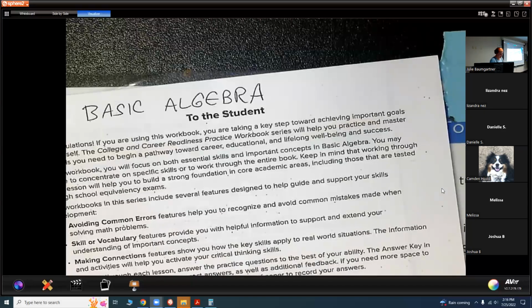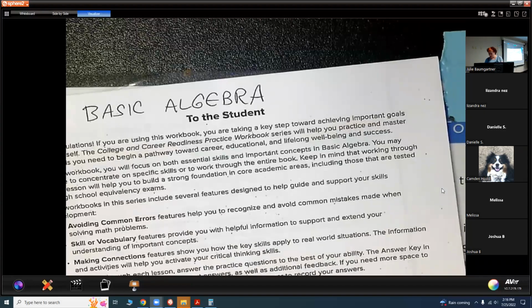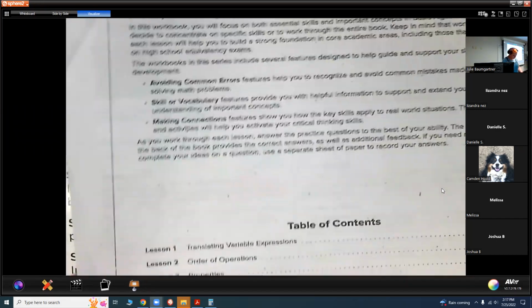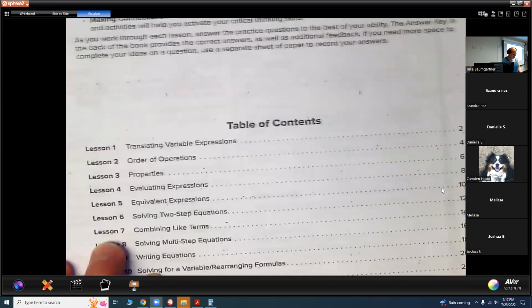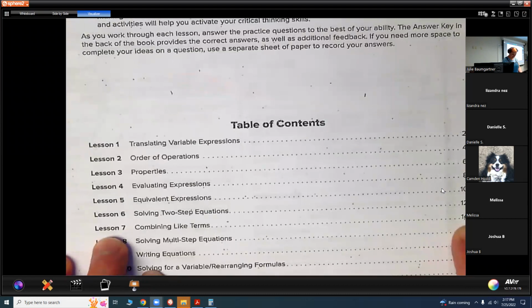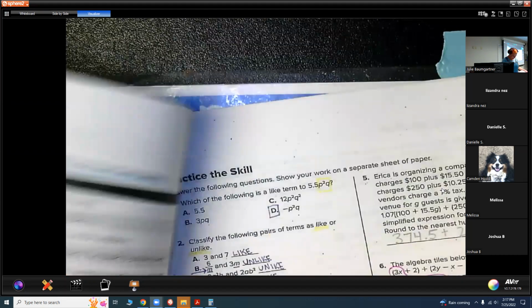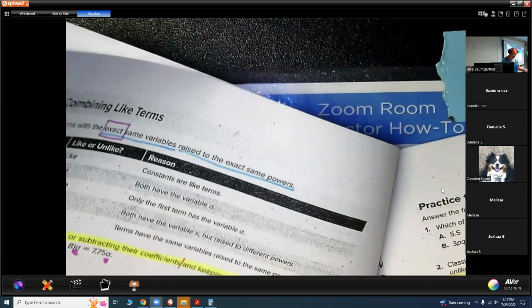Okay. So we've been working through our basic algebra lesson. Everyone's been doing pretty darn good. So we are up to lesson 7. We started going through lesson 7 and then finished lesson 7. Hopefully everyone's feeling good about that.